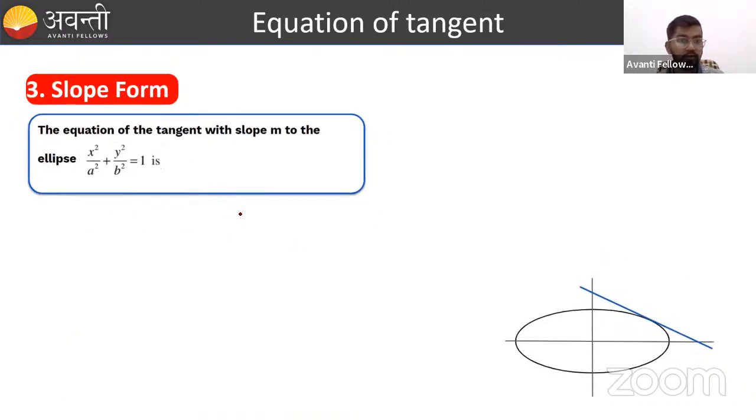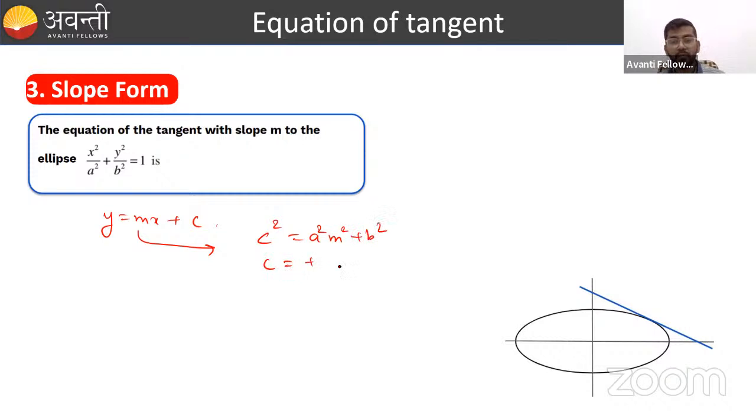Now slope form. The equation, you already know, is y equals mx plus c. For this line to be tangent, we already studied c square equals a square m square plus b square.